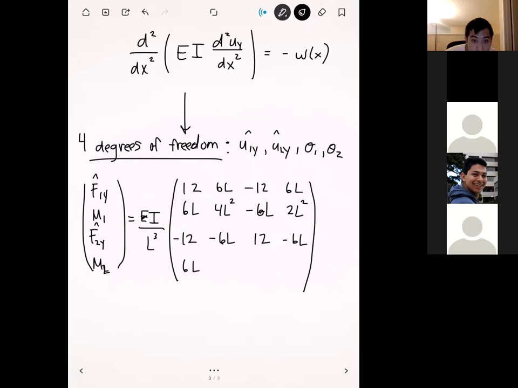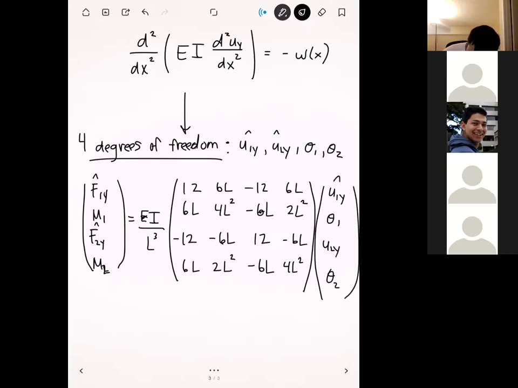Then 6L, 2L squared, minus 6L, and 4L squared. These are multiplied by the nodal degrees of freedom: u1y, theta 1, u2y, and theta 2.